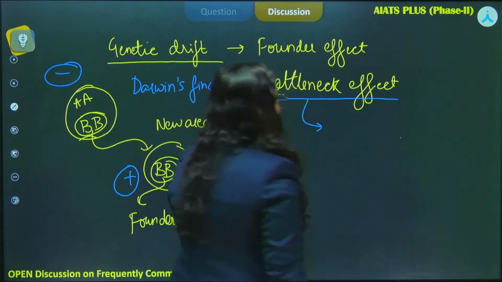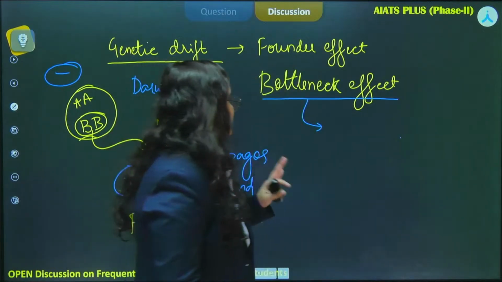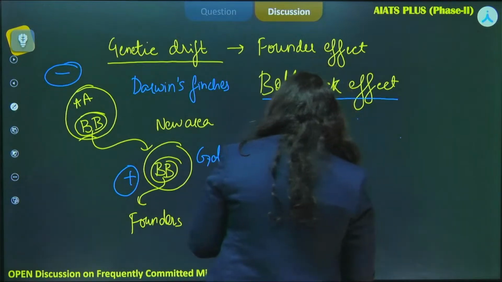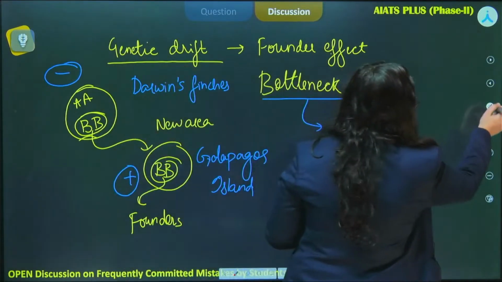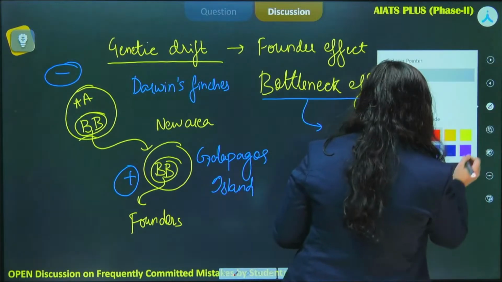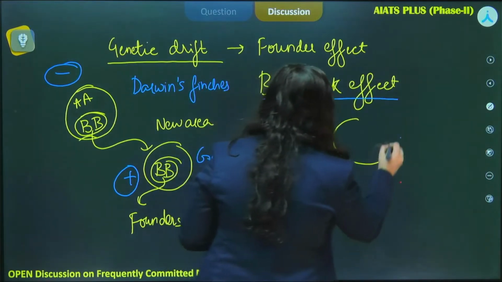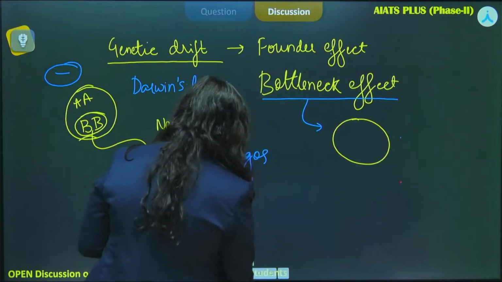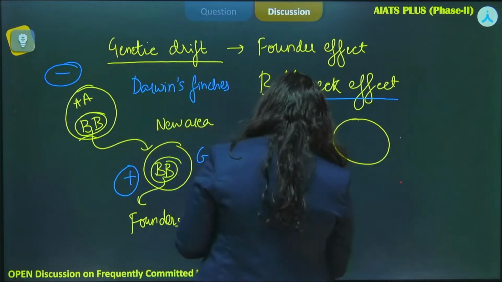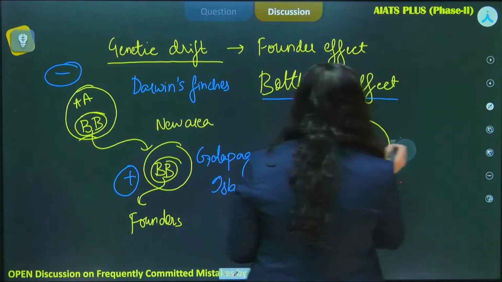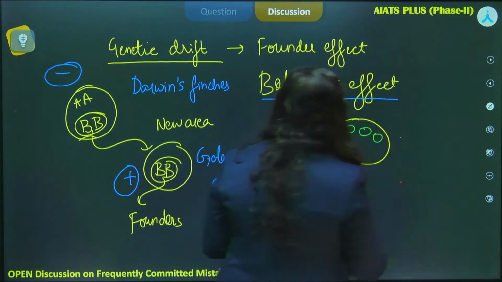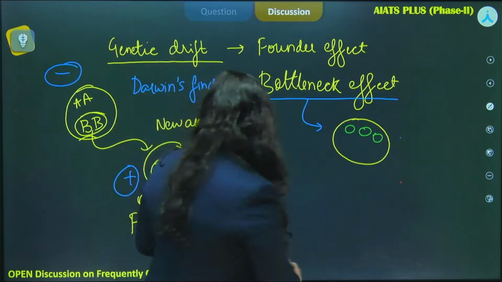All right, then we have the bottleneck effect. So basically the bottleneck effect tries to explain that, for instance, we have a population of beetles in a grass where we have two types of population. One is the green colored beetles and the other one is the blue colored beetles.